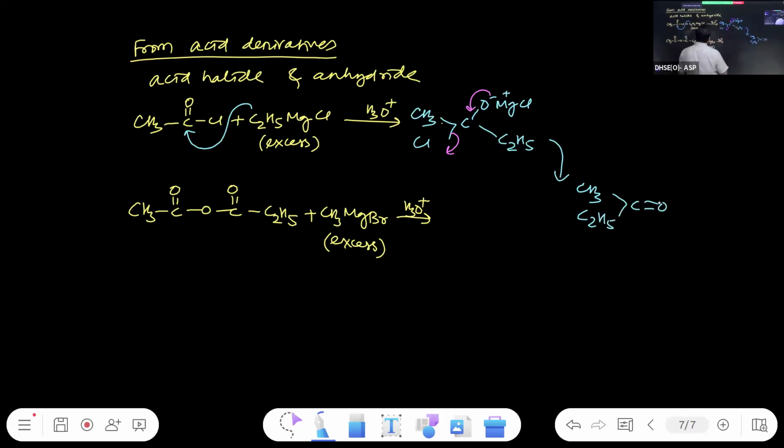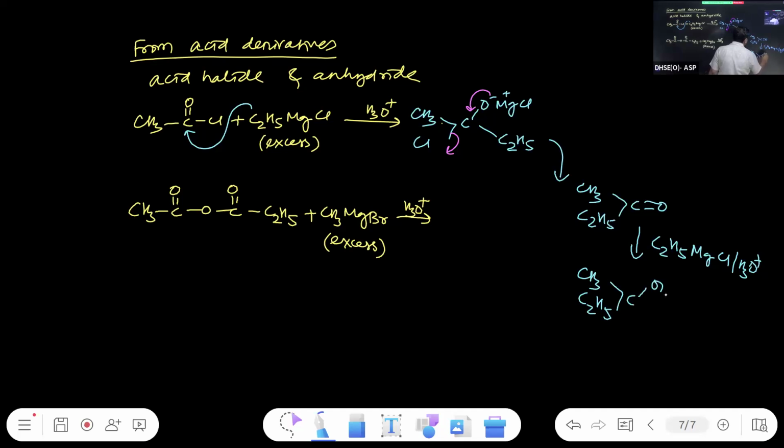ketone. So the Grignard reagent is taken in excess, so it will react with one more molecule in the presence of water. Here we write the detailed steps. It becomes tertiary alcohol.